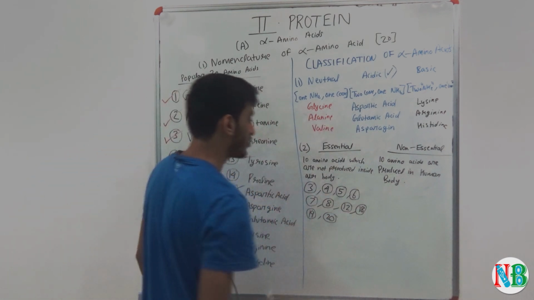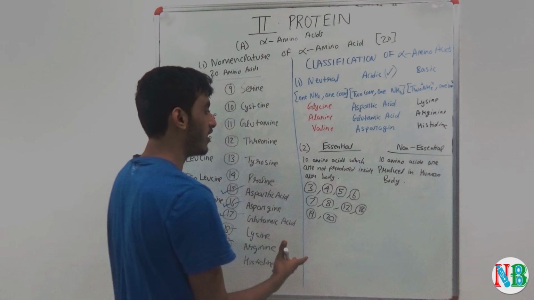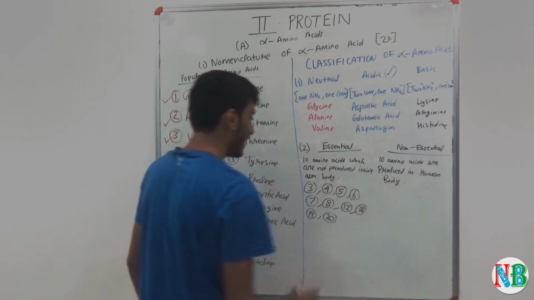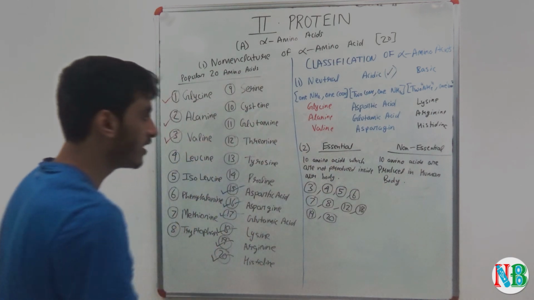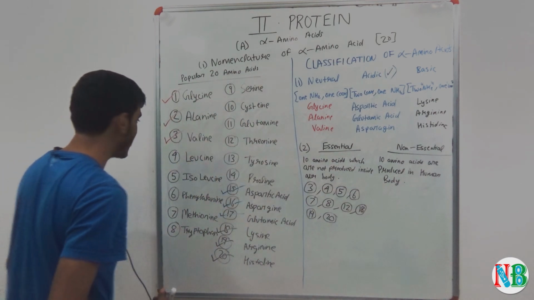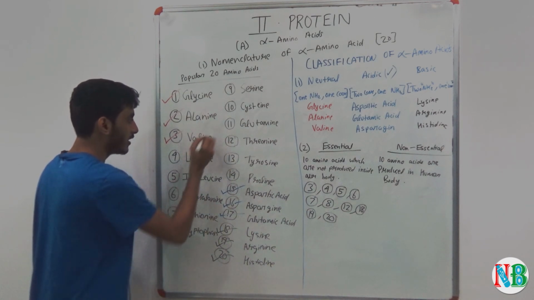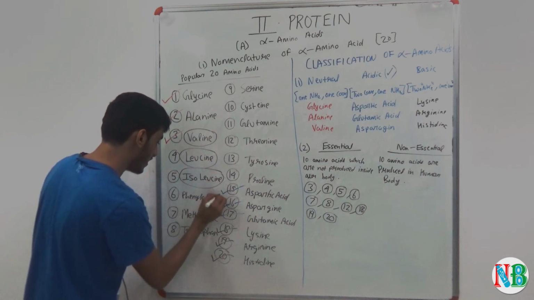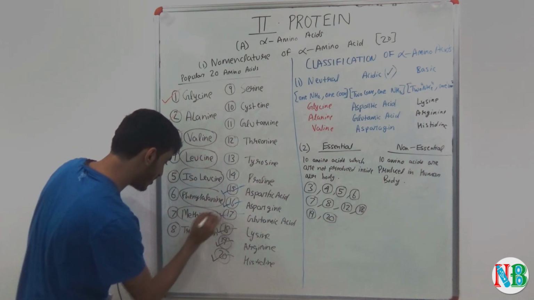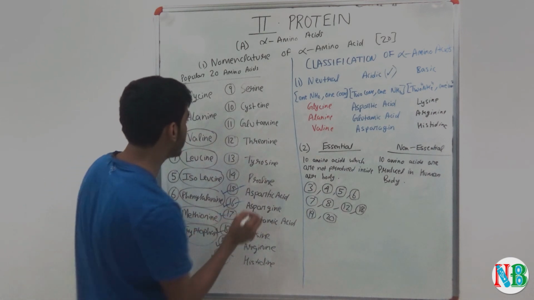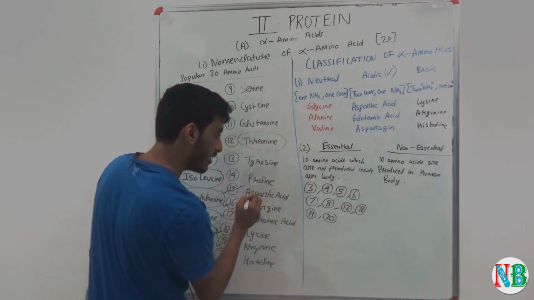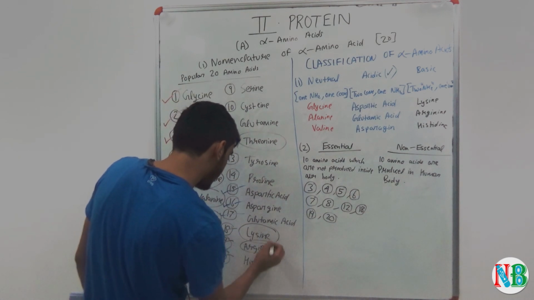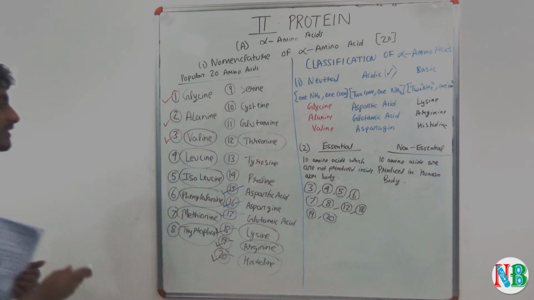So 4, 4, 2. These 10 amino acids are essential for us and we need them from some outside source. So we have to eat them. And the rest of them are non-essential. I'll just mark them for you. Essential: valine till the 8th one, then the 12th one, then the 18th one, lysine, arginine, histidine. So these are the essential ones.